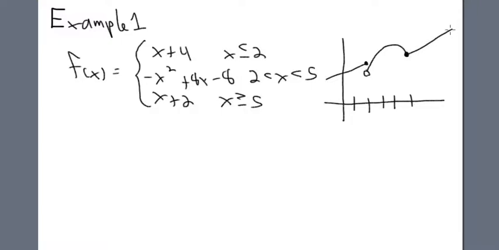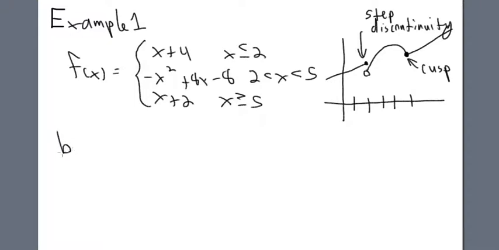Now, this has a step discontinuity and a cusp. Okay, so I'm going to fill those in. This is the cusp, and this is the step discontinuity. Now, we have the function graphed, so I'm not going to go ahead and graph on the grapher right now, which would be part A.